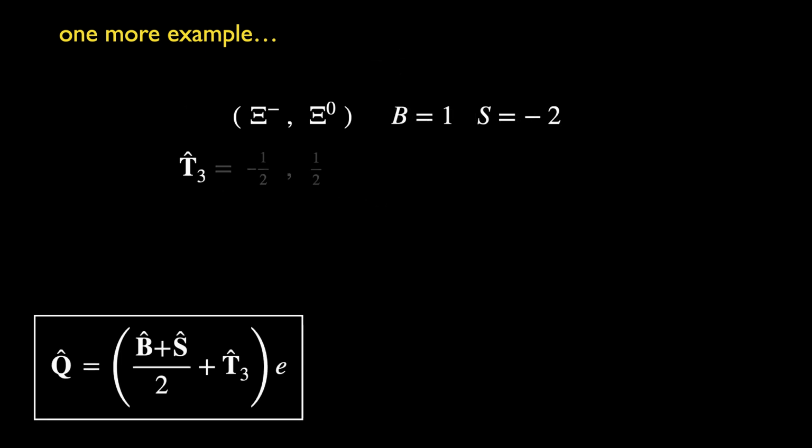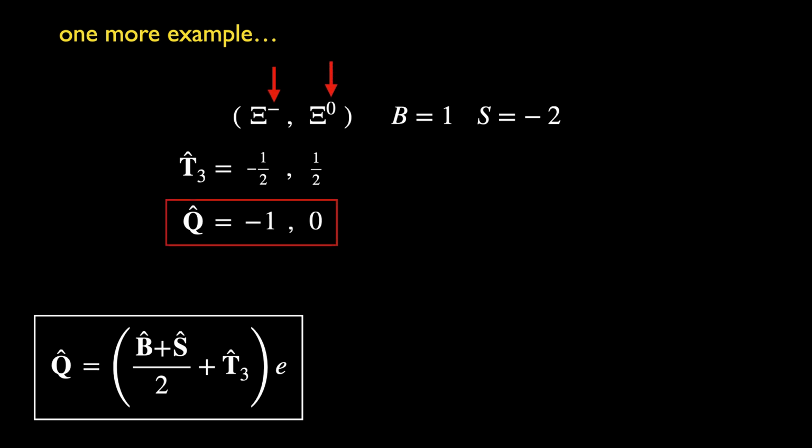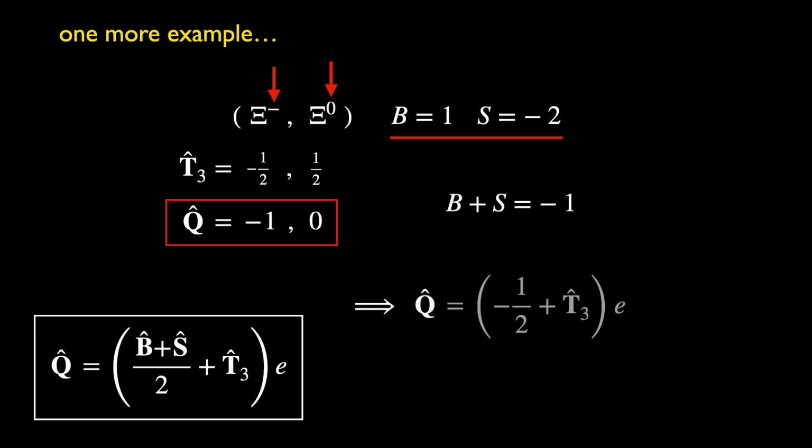Looking at T3 and Q for the doublet, and substituting in this value for B plus S into the charge formula, we find again that this formula does indeed reproduce the charges in an isospin multiplet.